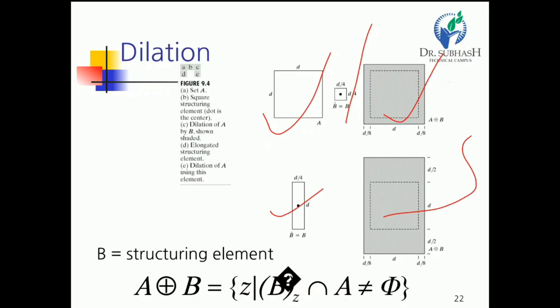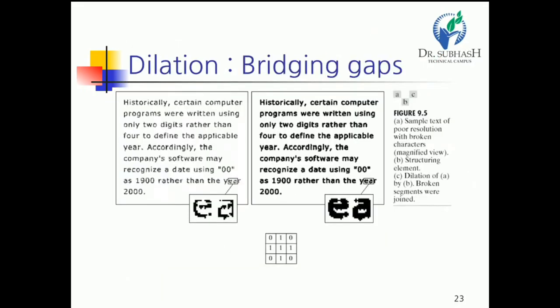In figure A, A dilation B with the structuring element can be represented with this function: the reflection of B intersects A is not the empty set.